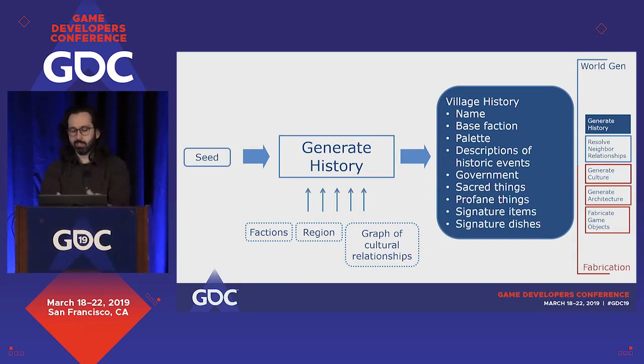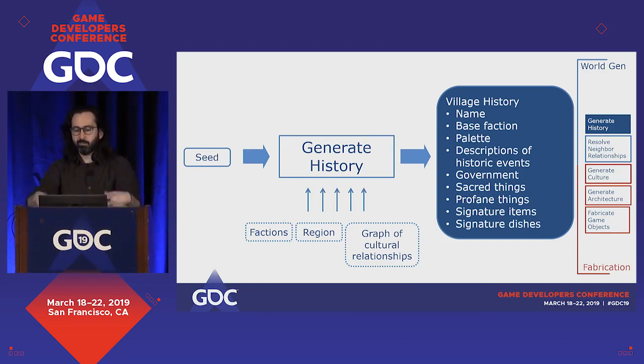We'll give it a palette, so that if they decide to paint their drinking ware later, we know what color to make it. We have descriptions of historic events, things like government, things the village finds sacred, things they find profane, signature items the village becomes known for, like a particular type of drinking jug, and signature dishes they're known for in the region.